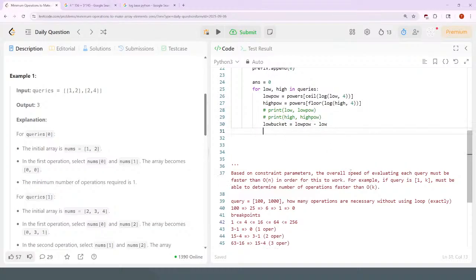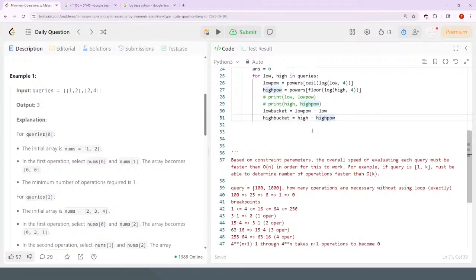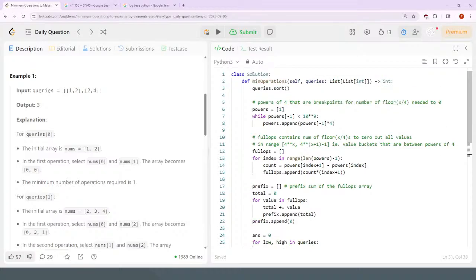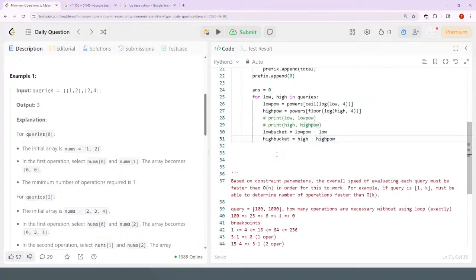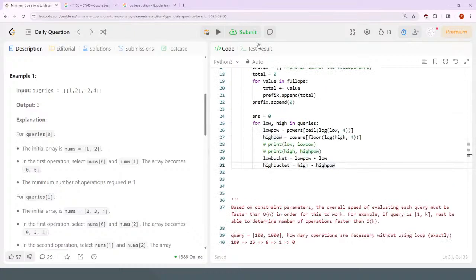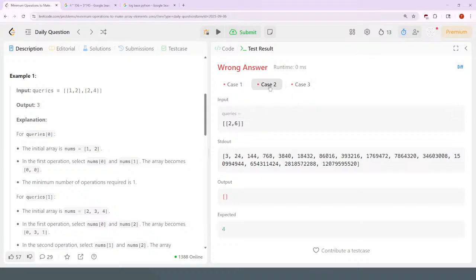So, and the high bucket should be the high minus the high pow. Is that right? No. Actually, maybe. So if the bucket is 6, here the high pow should be 4.